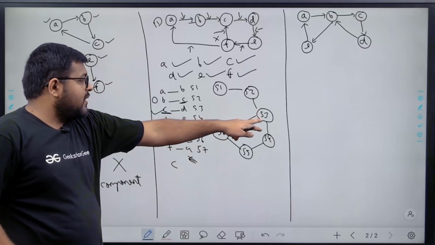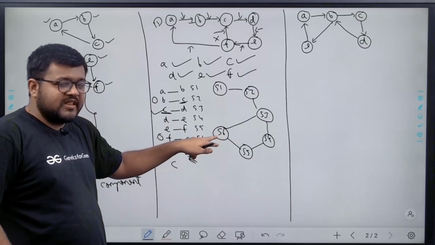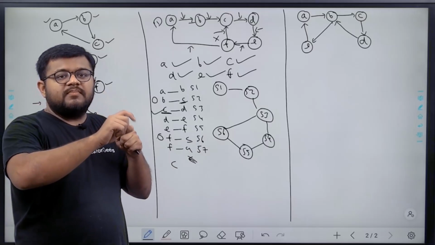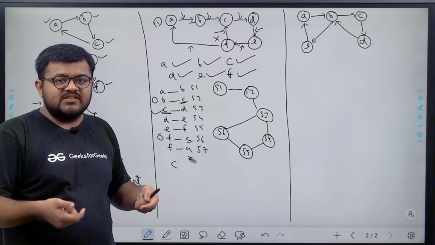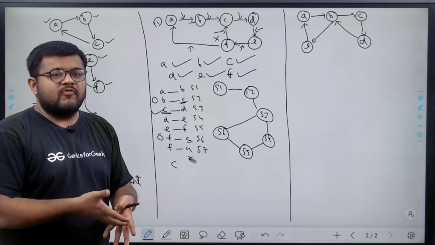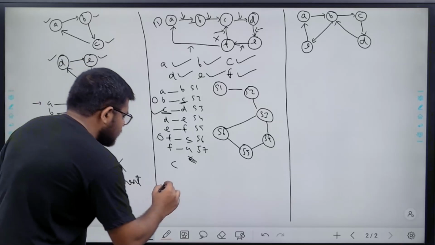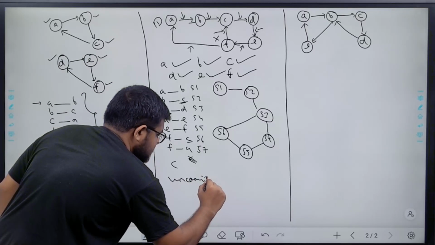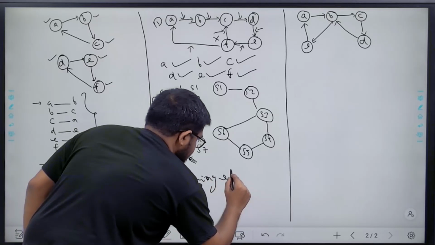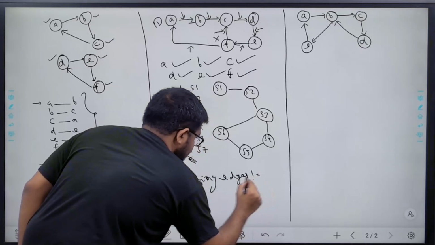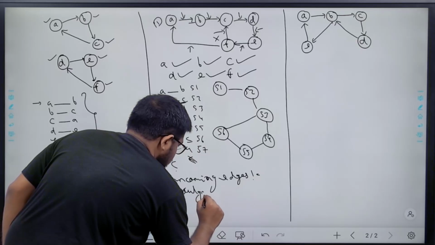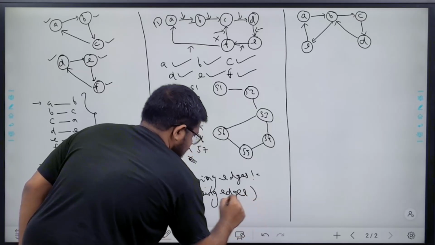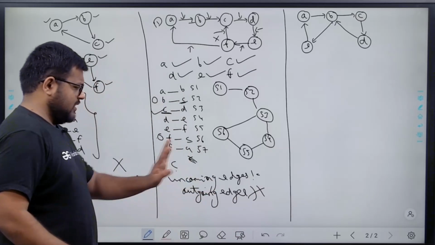If we repeat S3 to connect with S6, we will not form a complete circle. So if the number of incoming edges is equal to the number of outgoing edges for every character, then we will form a complete circle. Here incoming edges is not equal to outgoing edges. That's why it will fail.